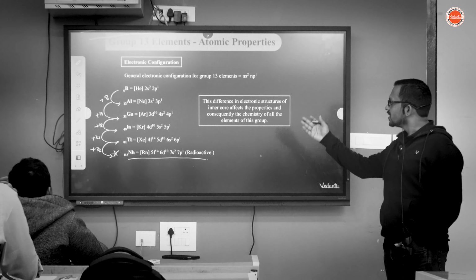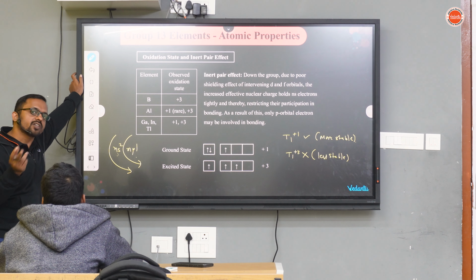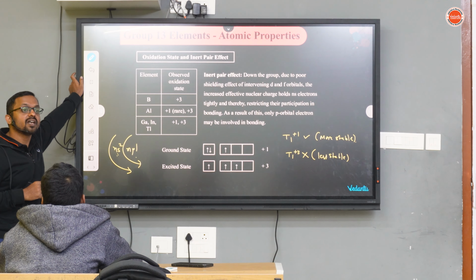So before this, let me know which electrons are closer to the nucleus. The electrons present in the s orbital or the electrons present in the f orbital? The s. Penetration power is more for s greater than p greater than d greater than f. So s orbitals are very close to the nucleus. So that means these electrons are very close to the nucleus.